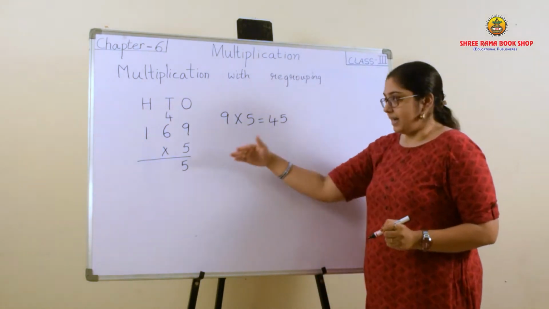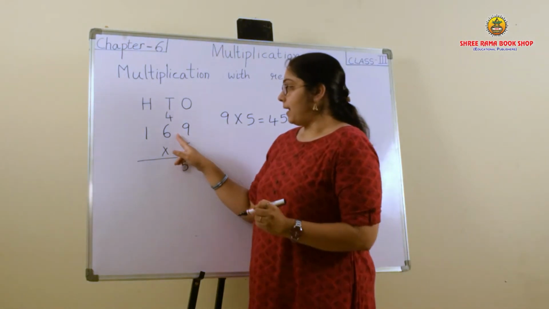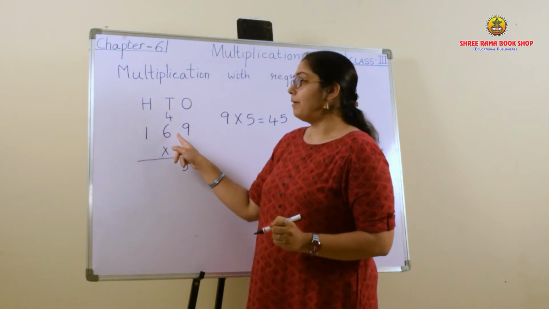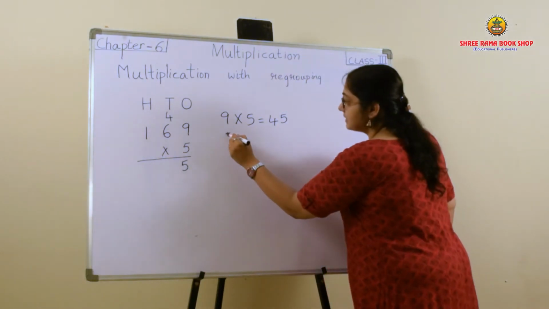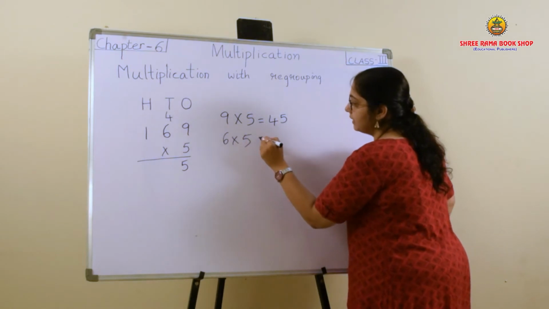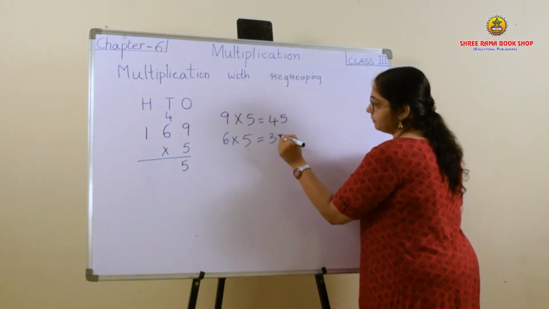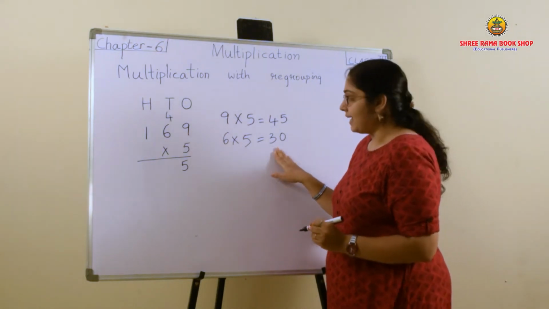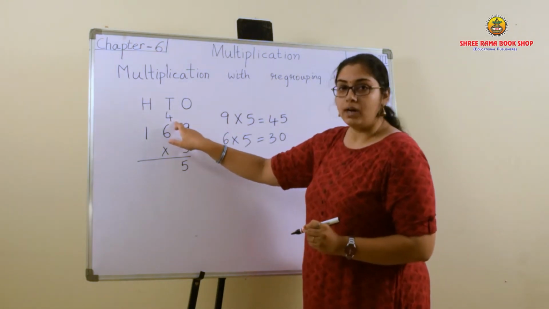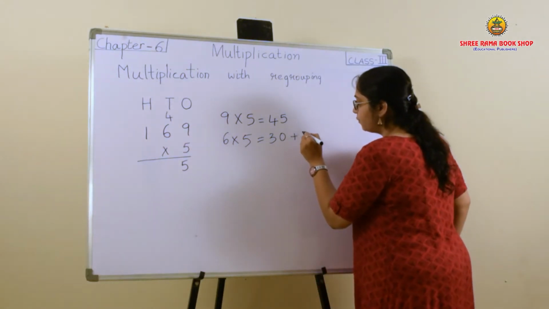Then moving on to tens place, I will be multiplying 6 with 5. So 6 into 5 is nothing but 30. And I need to add 30 tens with 4 tens over here, plus 4.